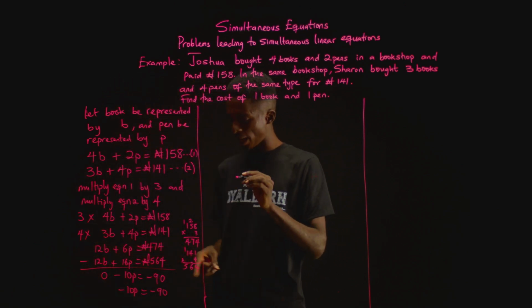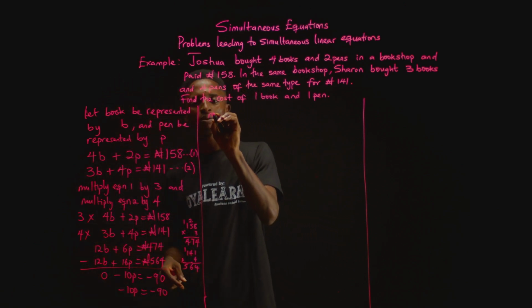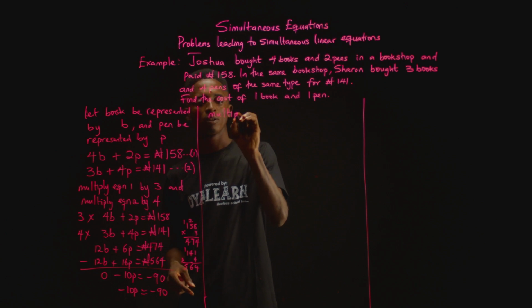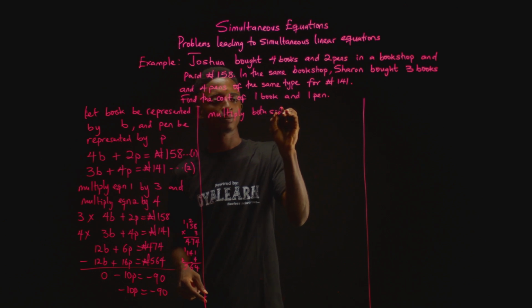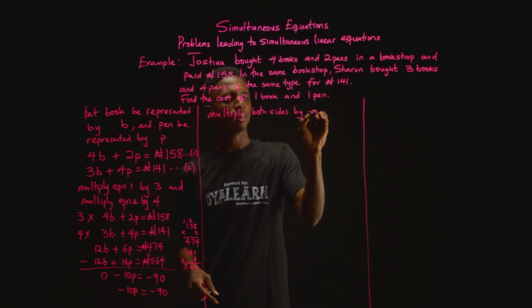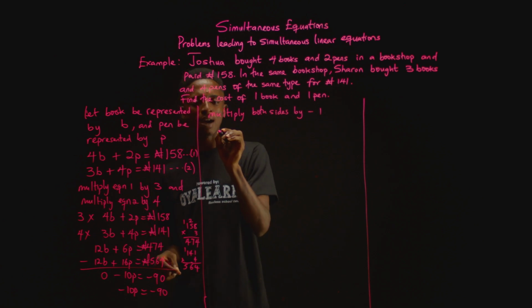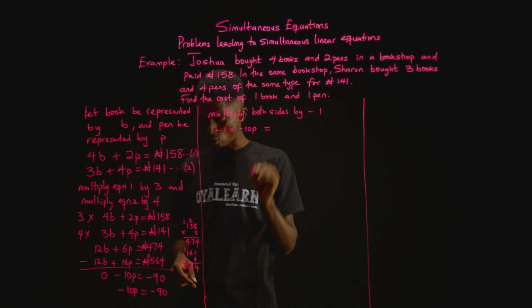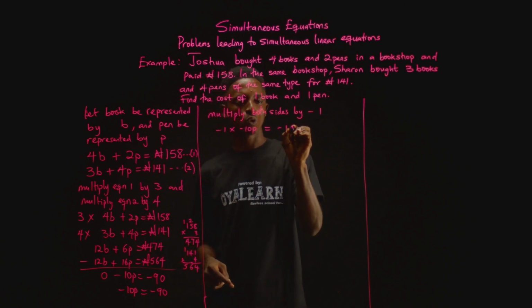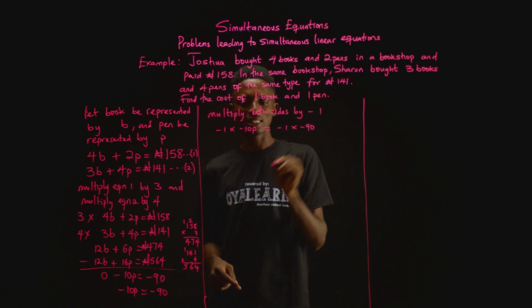Now, when we take this up here, we multiply through both sides by minus 1. And then we'll have minus 1 multiplied by minus 10P equals minus 1 multiplied by minus 90.